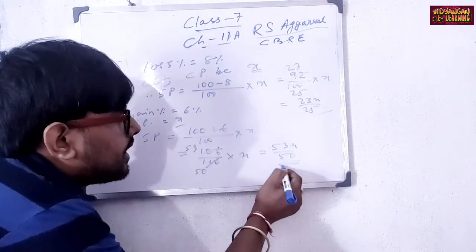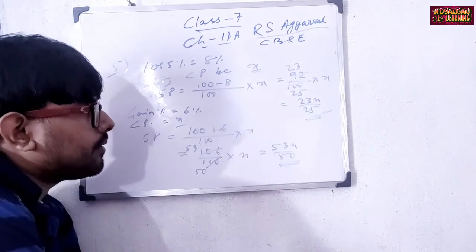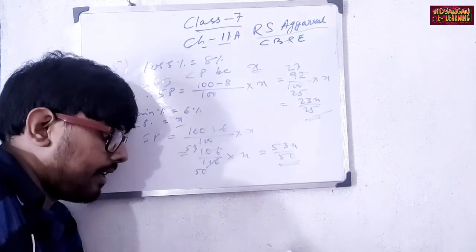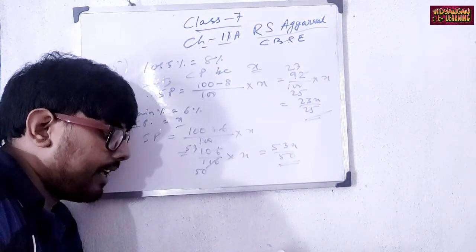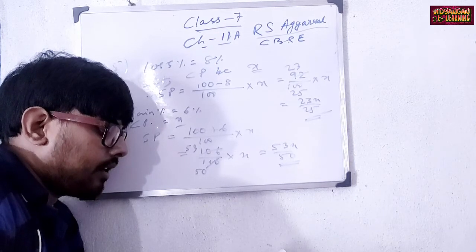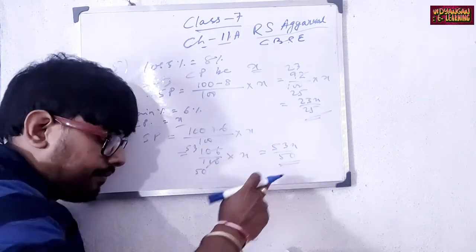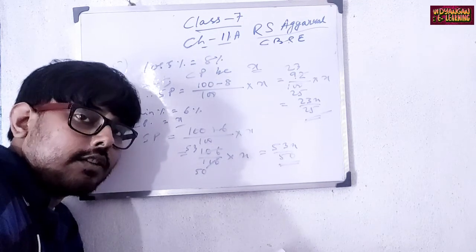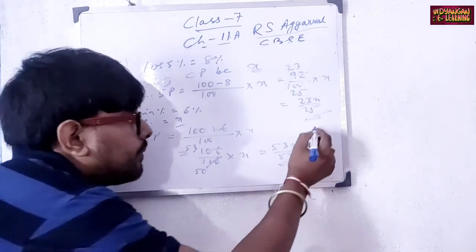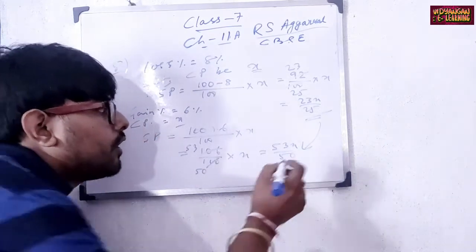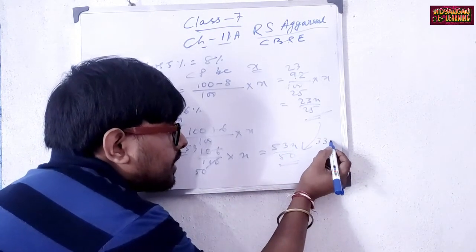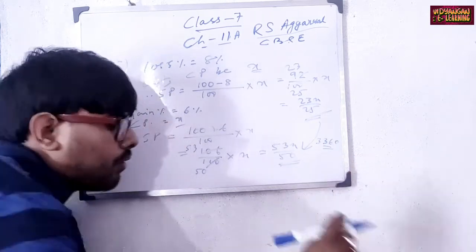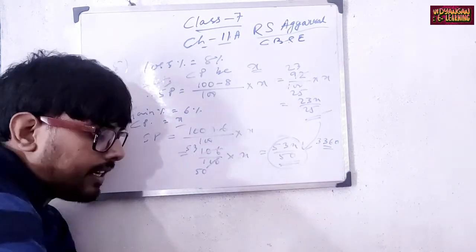Now this is a selling price, and this is also a selling price, but in the question it tells that he sold it for rupees 3,360 more. That means this price is rupees 3,360 more, so this is the greater number.